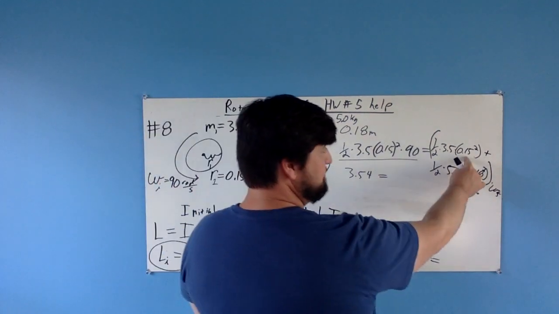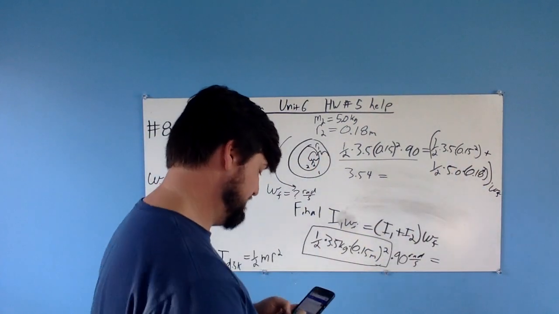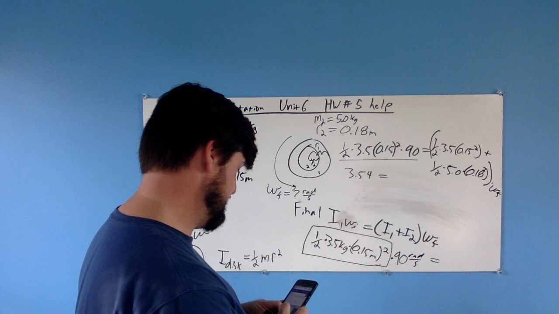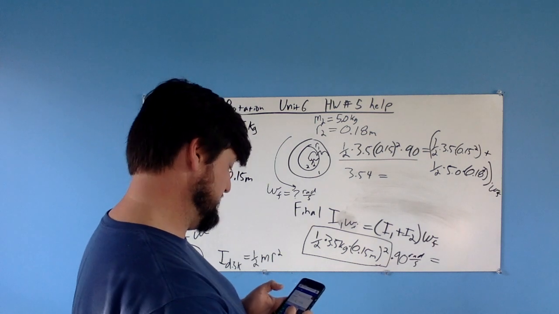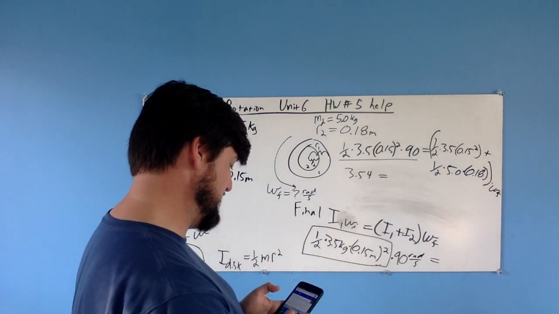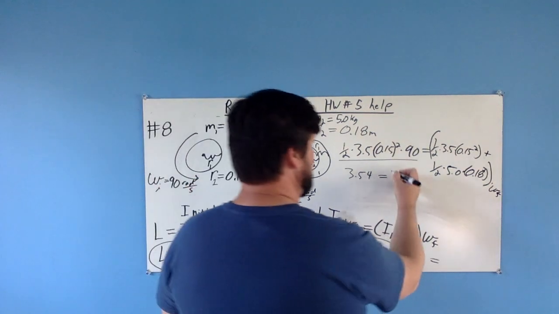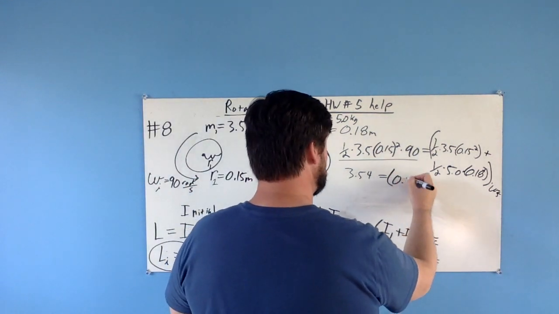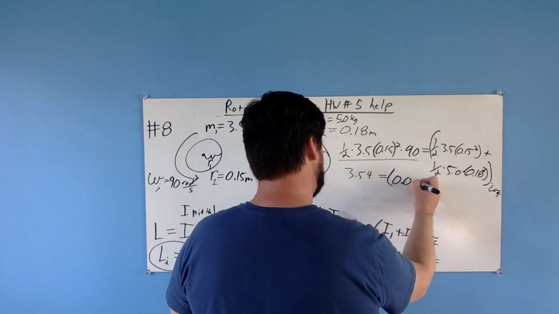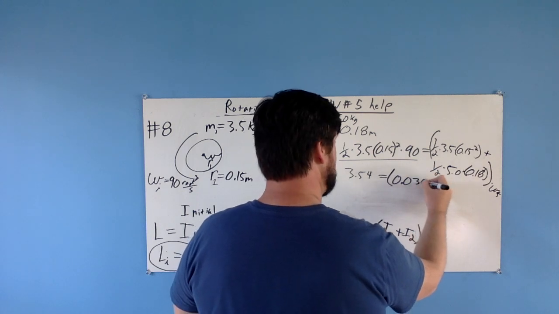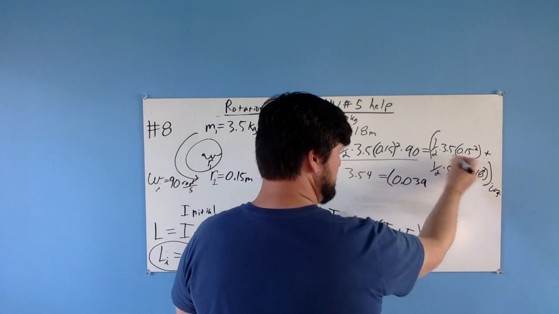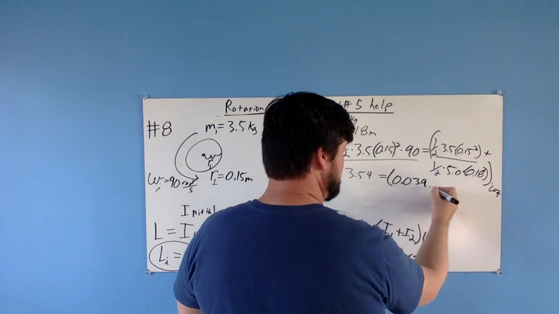So I get 0.15 squared, and I get times 3.5 times 0.5. So I get 0.039 basically, okay, for the first I. For the second I, what do I get?